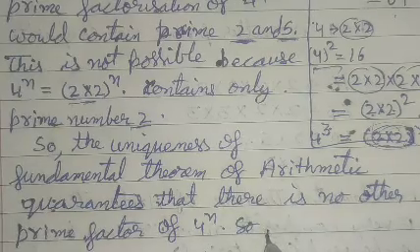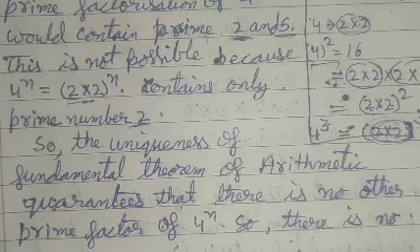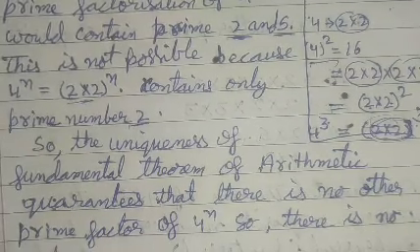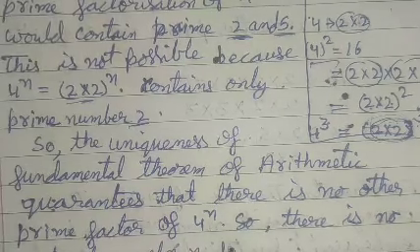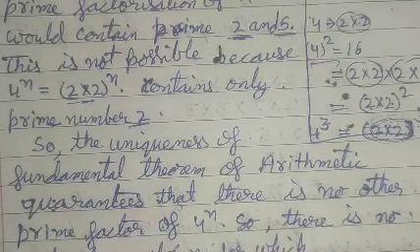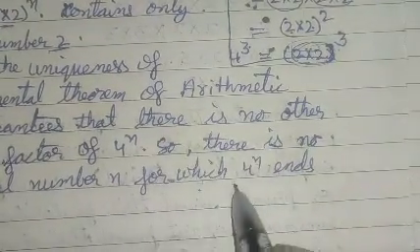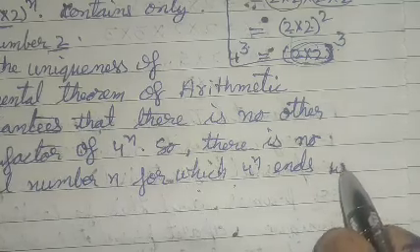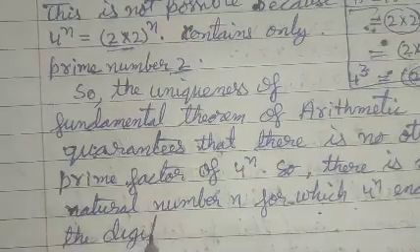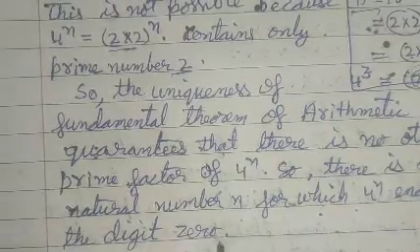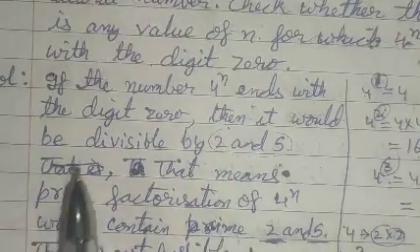So there is no natural number n for which 4 raised to power n ends with the digit 0.